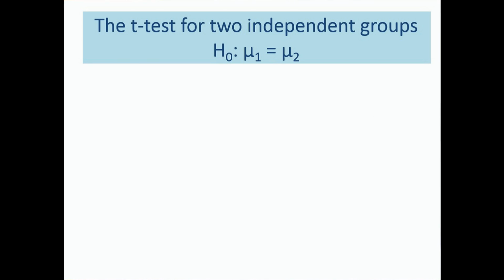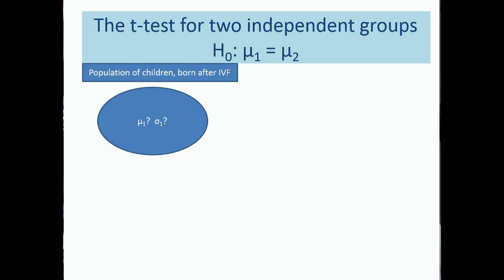In a lot of situations, we would like to compare two independent groups with respect to the means of a normally distributed variable. The null hypothesis will generally state μ1 equals μ2. For example, we have a population of children born after IVF. Both population mean and standard deviation are unknown.